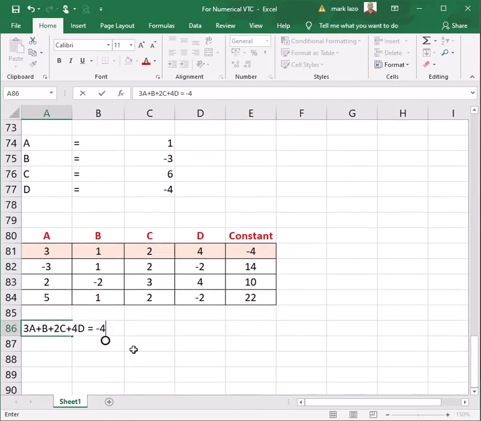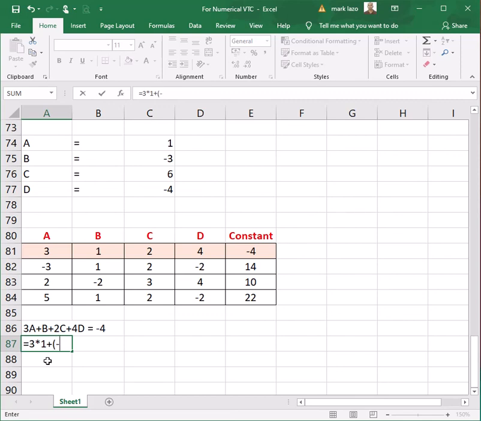So by substituting the values, we have 3 times, this is the value of A, 1, plus, what is the value of B?